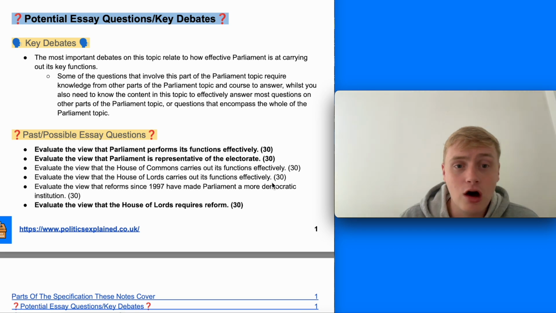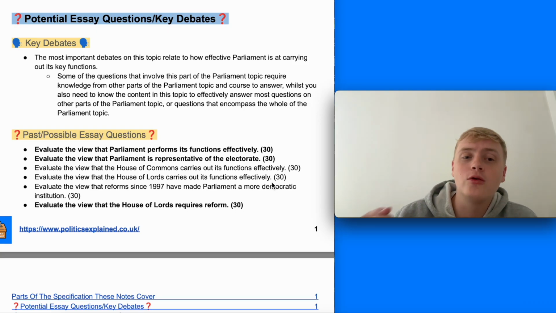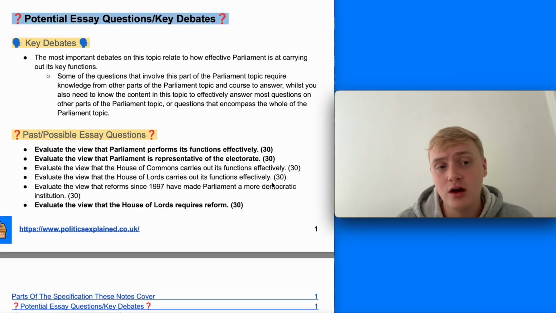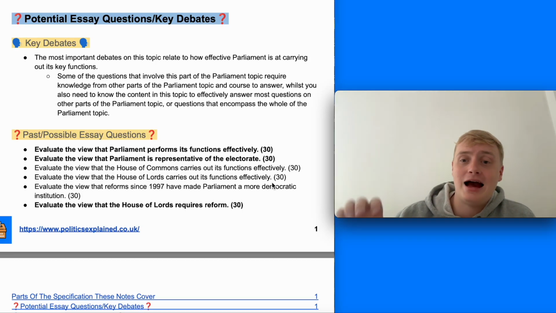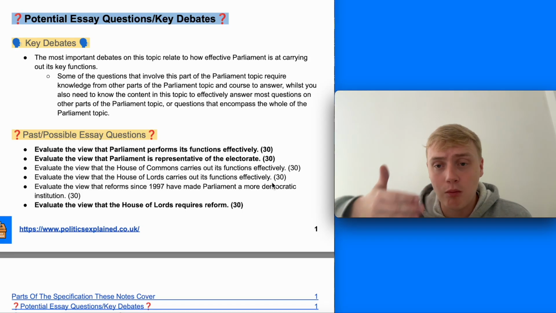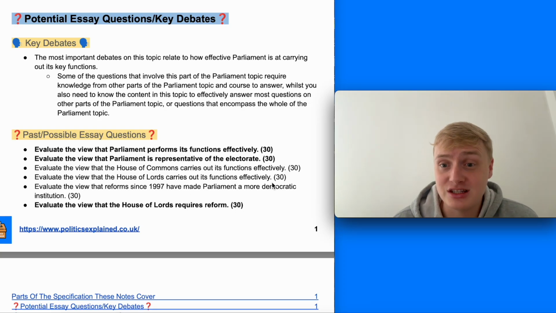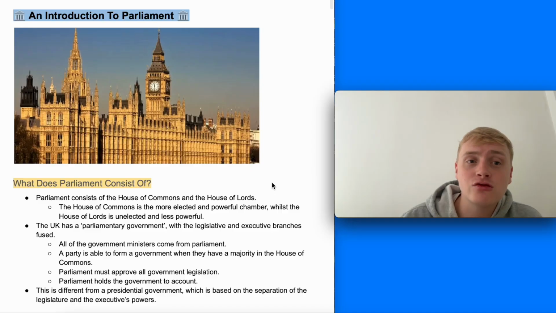And that could be a key essay question on its own, such as evaluate the view that Parliament is representative of the electorate, but will also be really useful in relation to a question on, for example, evaluate the view that Parliament performs its functions effectively, where it will be one paragraph as part of three, with one other on passing legislation and one other on scrutiny of the executive, which is a key way I'd recommend structuring it. Yeah, let's start with an introduction to Parliament.